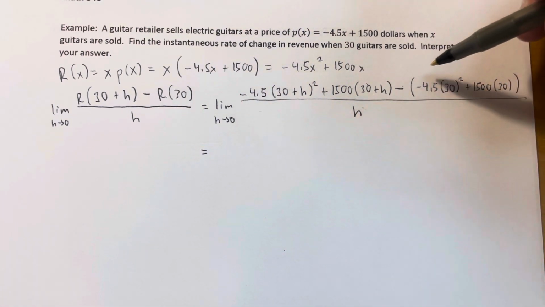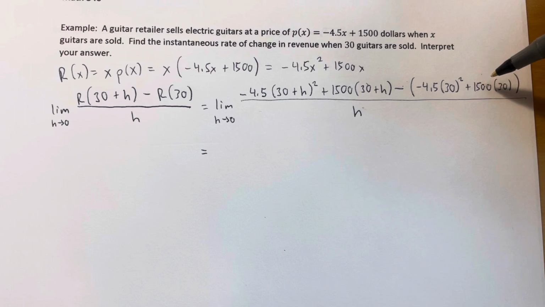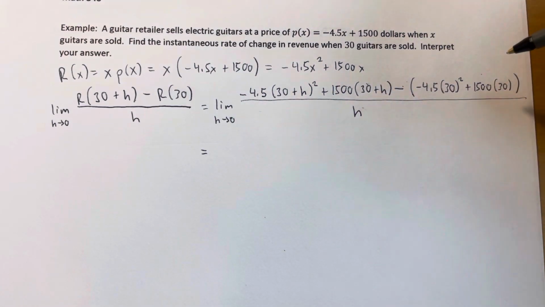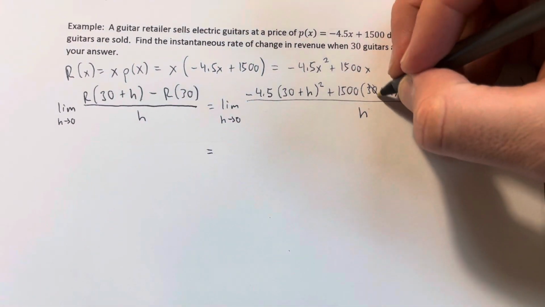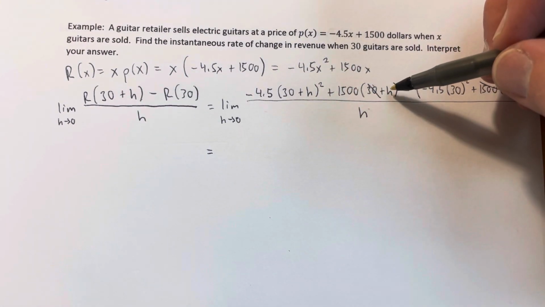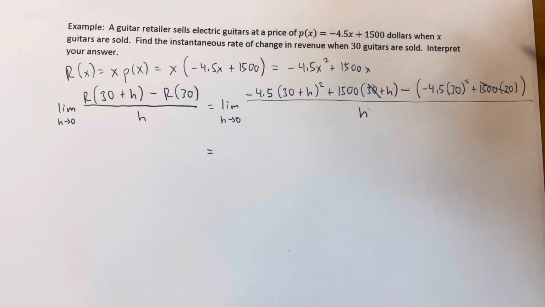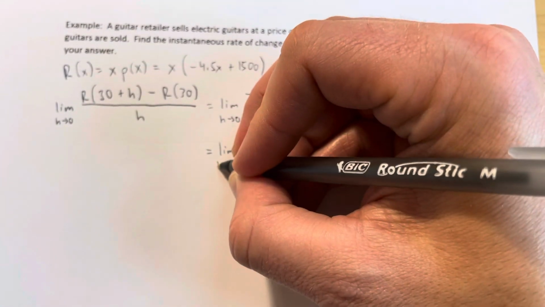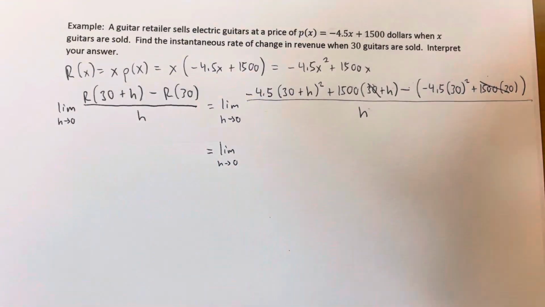This minus sign will also get distributed into this set of parentheses, and over here I'll get minus 1,500 times 30. So 1,500 times 30 minus 1,500 times 30, those are just going to end up canceling. Okay, I still need to distribute that 1,500 to that H, which is why I didn't also cross that out. But I can see right away where things are going to cancel. I can kind of see where some other stuff's going to cancel, but I'm not going to jump the gun on that quite yet. So let's write out where we are.